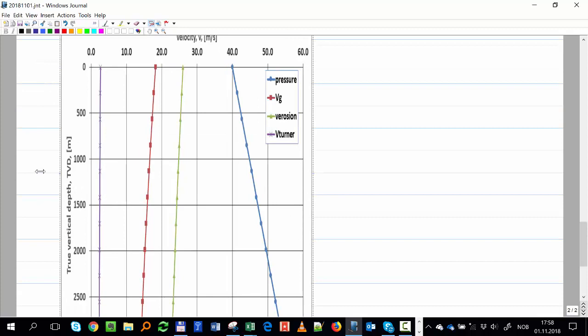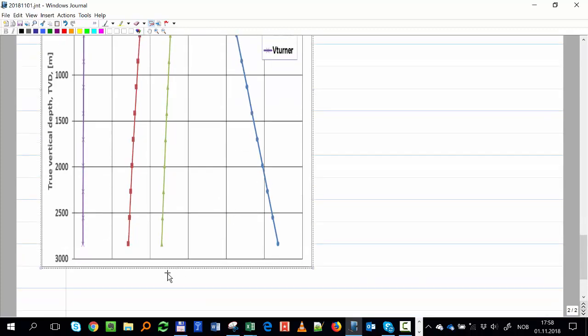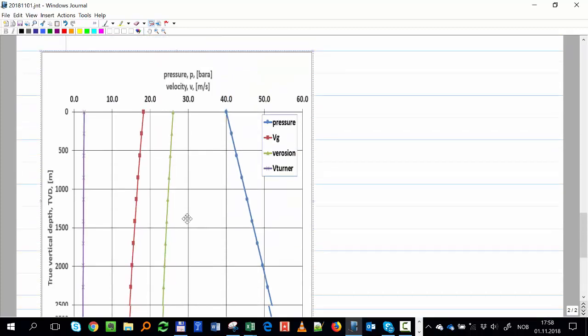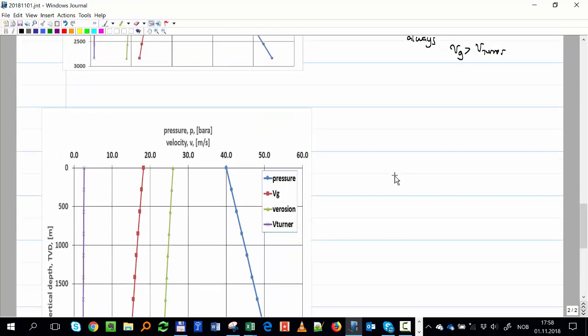Maybe we're going to come back later to this exercise. But here you see that's the velocity of the gas. That's V erosion, and that's V Turner. That's for 1 million standard cubic meters per day QG.